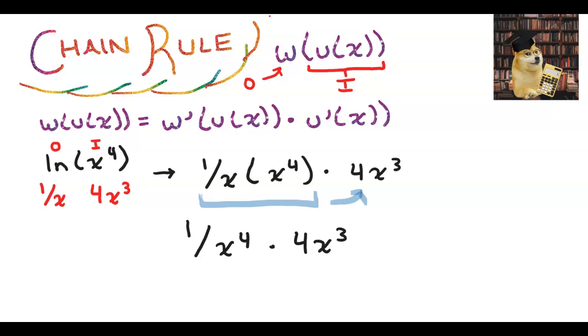So what do we do over here? Easy, guys, because 4x cubed is a whole value, we multiply it by the 1. So it becomes 4x to the cubic power divided by x to the fourth power. But you might be thinking, we can still do something here. And yes, of course, because we can simplify our exponents.